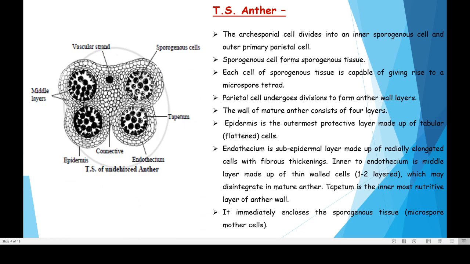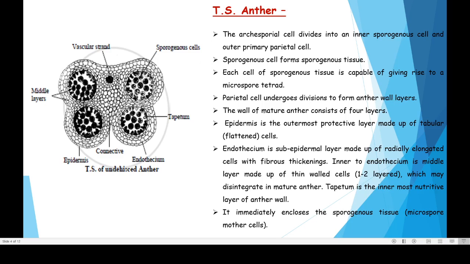Now let us see the structure of anther. Initially, anther is a mass of parenchymatous tissues which later differentiate into archesporial cells, and then these archesporial cells differentiate into sporogenous cells.